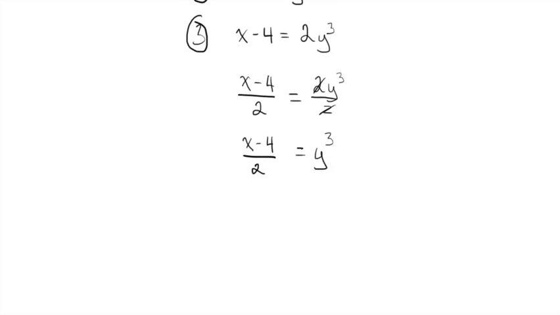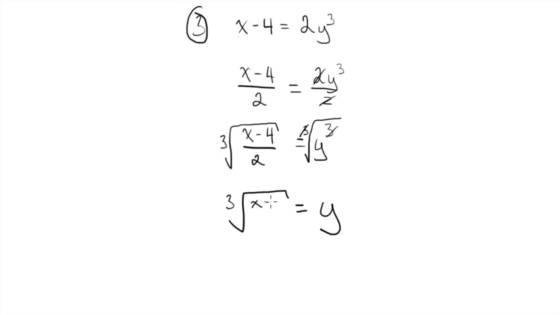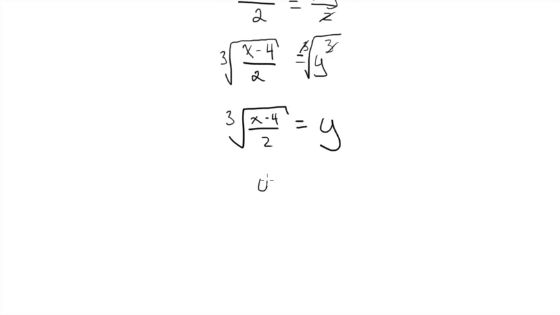And then to get y by itself, you're just going to take the cube root of both sides. And the cube root and the cubed would undo each other. So y would be equal to the cube root of x minus 4 over 2.